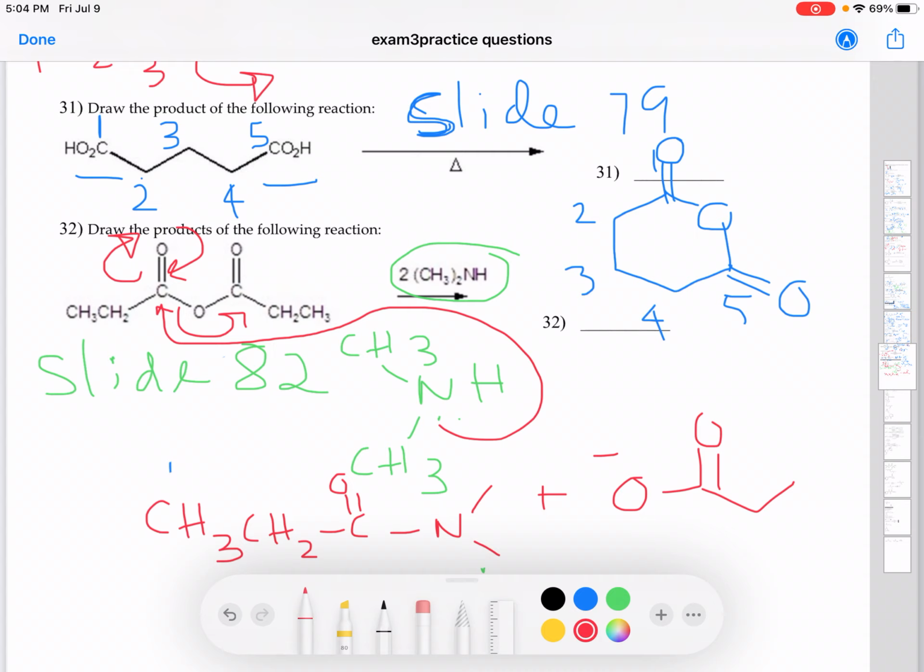This one is the carboxylate anion, and the cation would be this group, NH with CH3 CH3, which would grab a proton and become NH2 plus. This would be the answer for that.